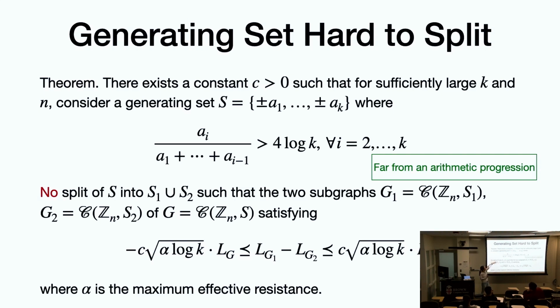More specifically, we show that there exists a universal constant C such that for sufficiently large K and N, if all these generators have increasingly large gaps, then there is no splitting such that the two subgraphs satisfy LG1 minus LG2 is upper bounded by C times root alpha times root log K times the Laplacian of the original graph, and lower bounded by the negative of this matrix. Here, alpha is the maximum effective resistance.